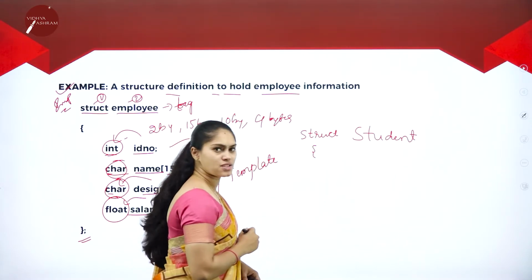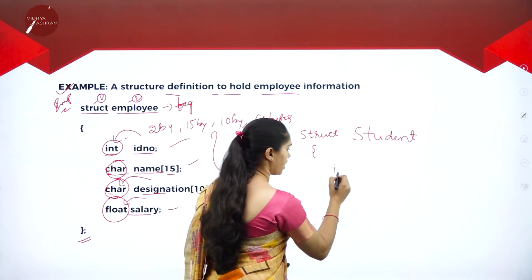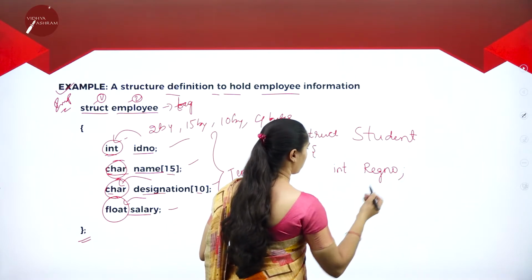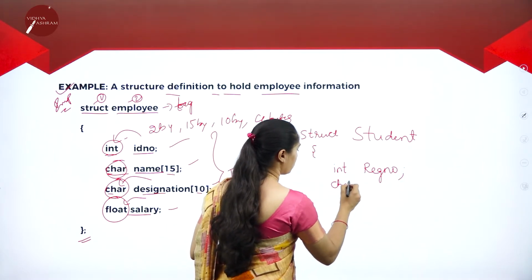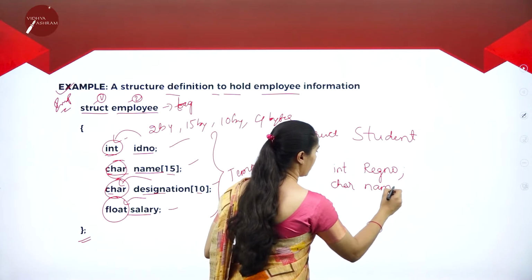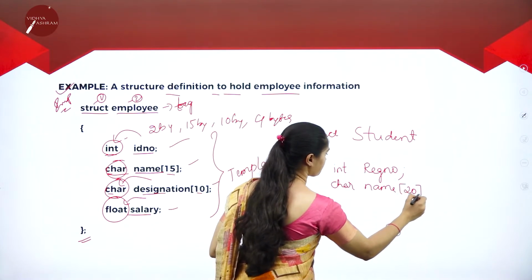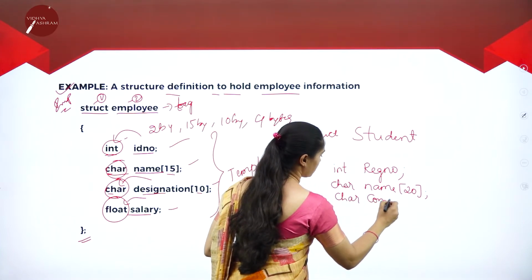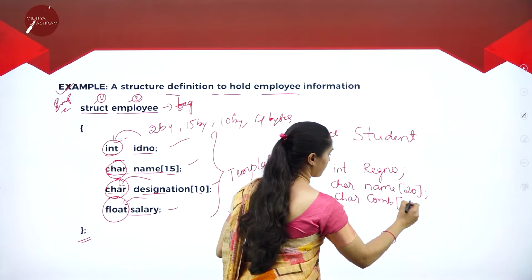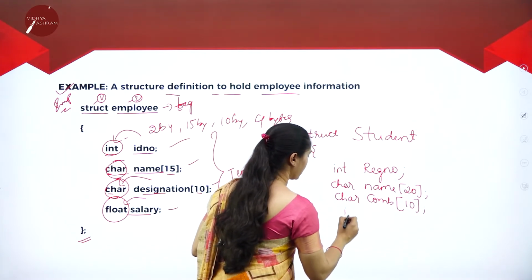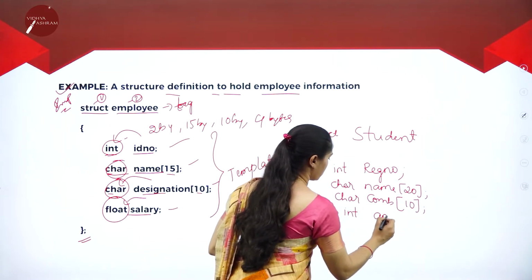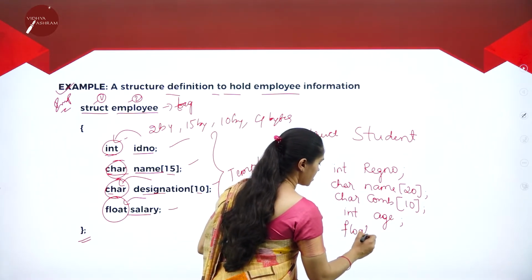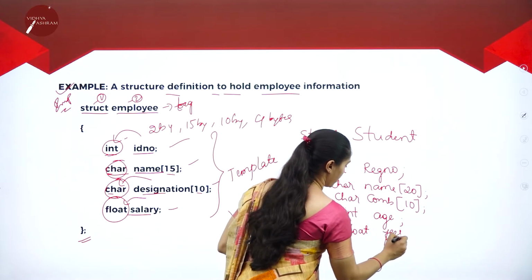What does student comprise of? Register number will be there. So, let me consider int register number, semicolon, and I will take the name of a student, char name of 20, and I will take char combination, and I am going to take an integer age, and I will take one more variable, that is float fees, how much they are paying.